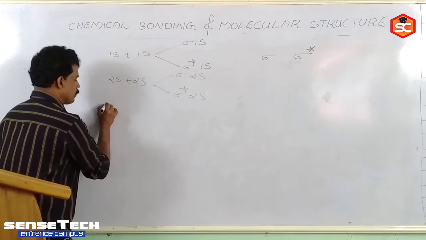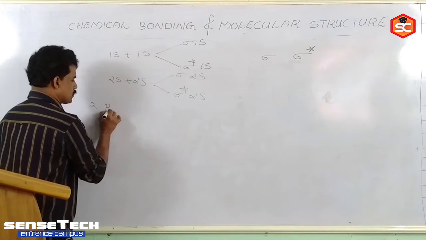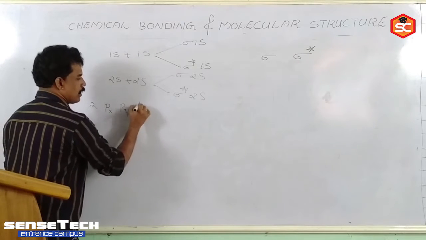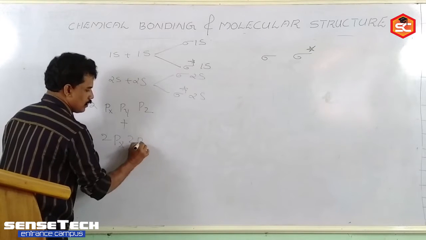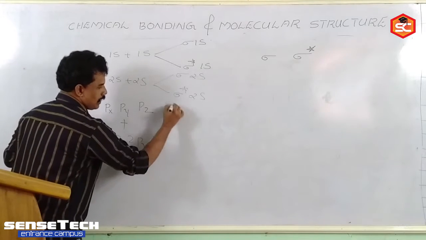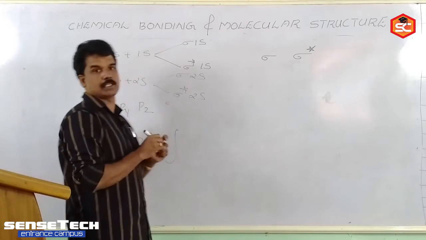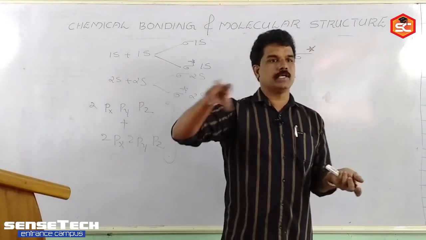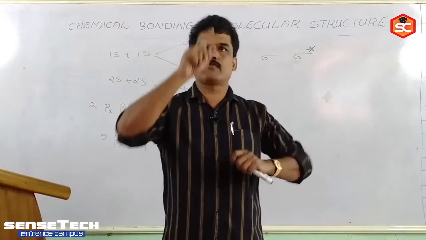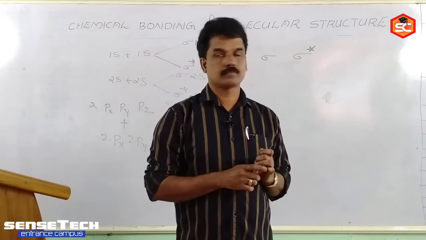Then in the case of p orbital, 2px, 2py, 2pz intermix with another p orbital. Which are the molecular orbitals formed by the combination of 2p orbitals? See, p orbital, px, py, pz, 3 orbitals are there. First we are filling 1 by 1 electron there.